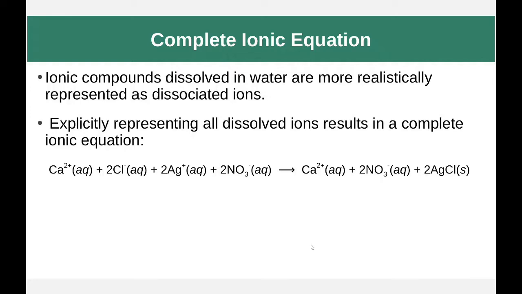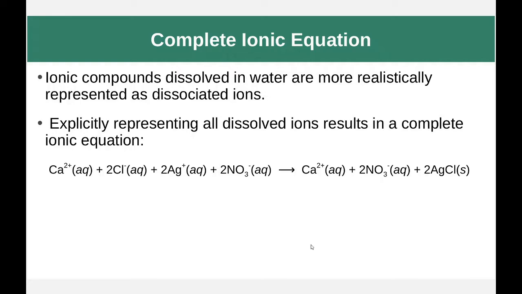So it's really more realistic to represent these as dissociated ions. And so if we were to take our molecular formula and just break up each one of those compounds into ions, we wind up with what is called the complete ionic equation.